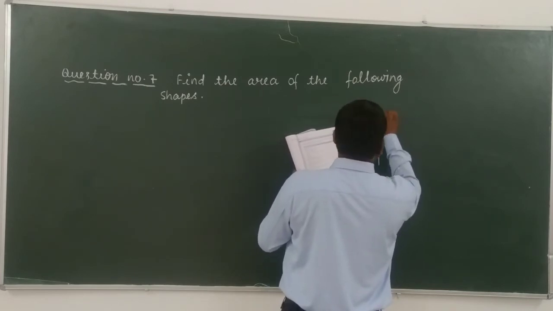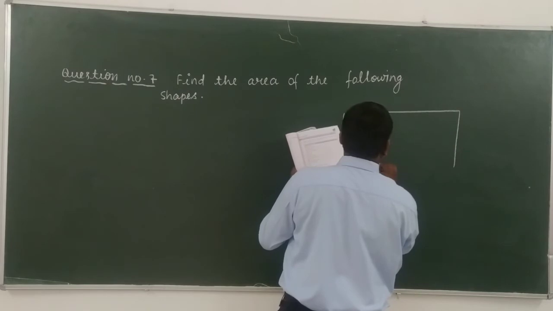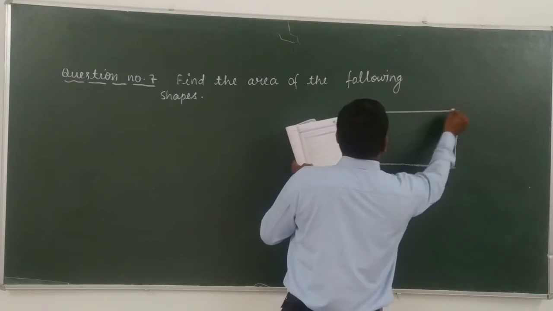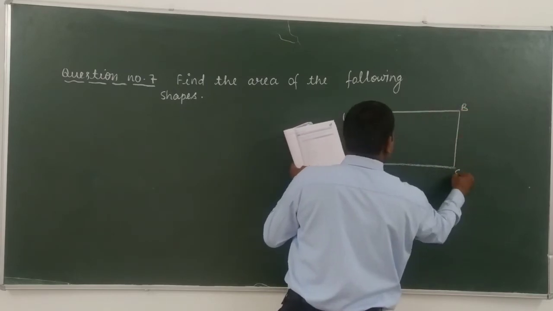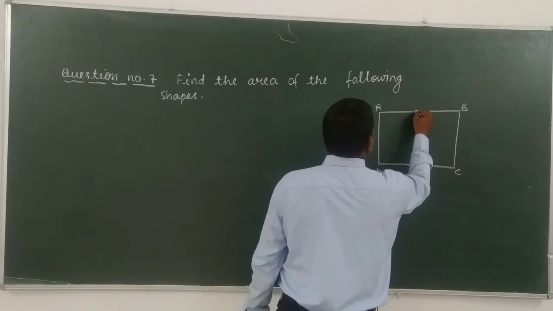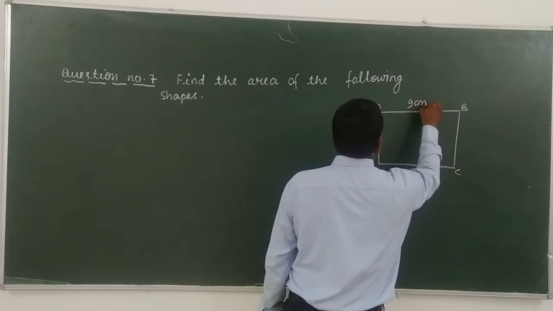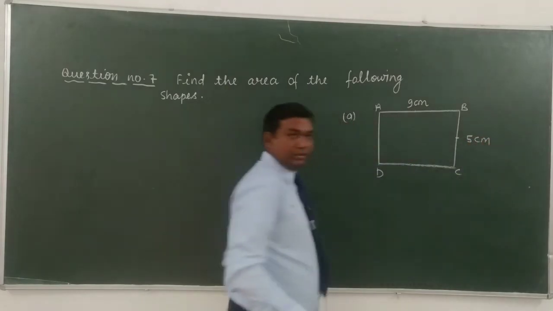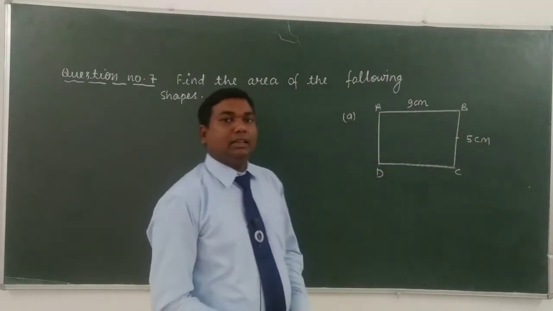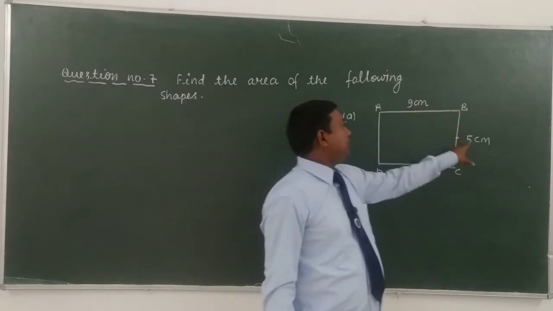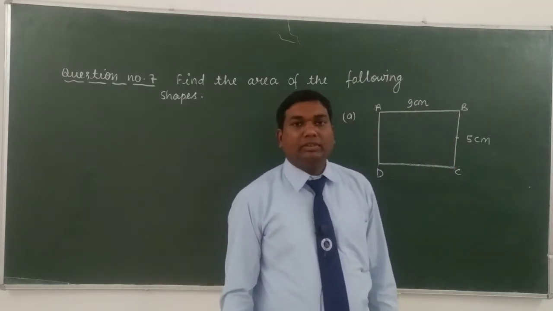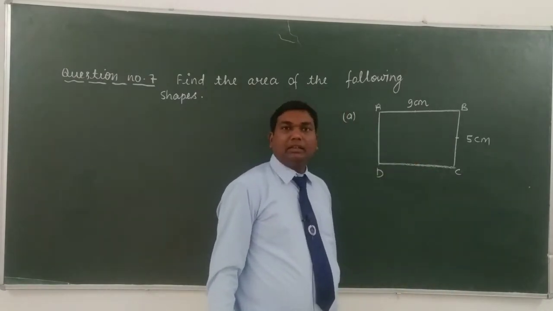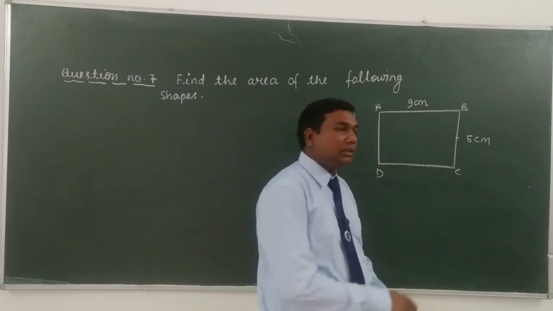Look at here carefully. A, B, C, D. And the length of this shape is 9 centimeter and breadth is 5 centimeter. Okay dear students, we know that if the length and breadth are not the same, then we can say that this is a rectangle.